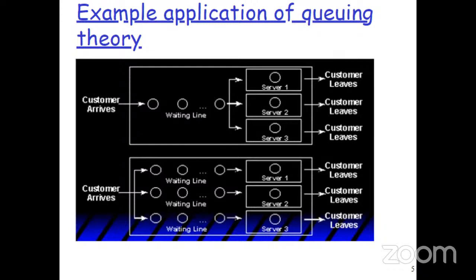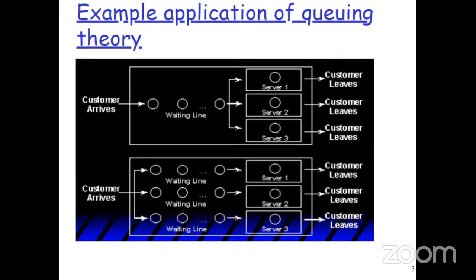If the queue is only one, then it becomes very difficult. If you make three queues, that is waiting lines, then the people can be served easily. That is the difference it is showing. The application of queuing theory is applied in the second figure. The first figure was there earlier.